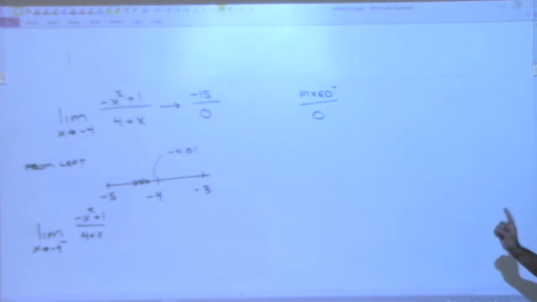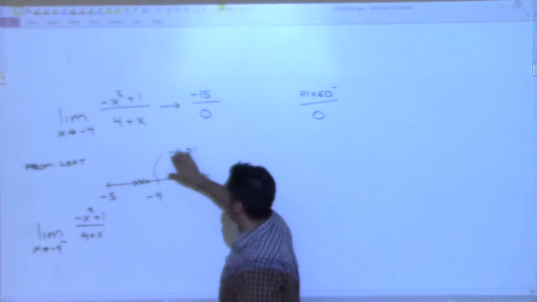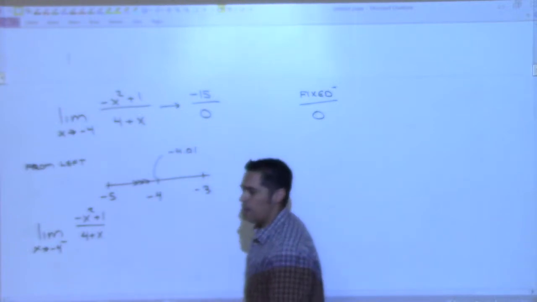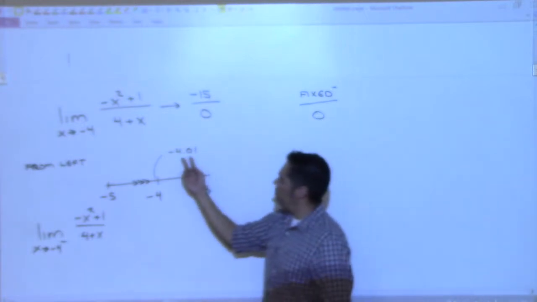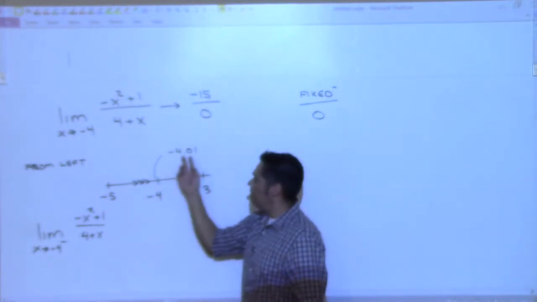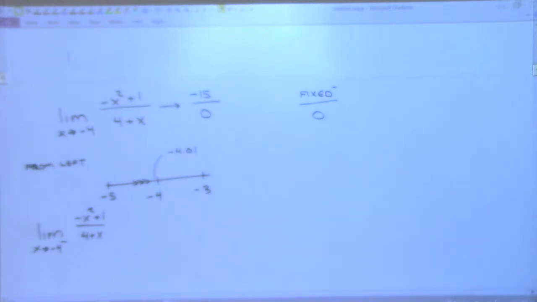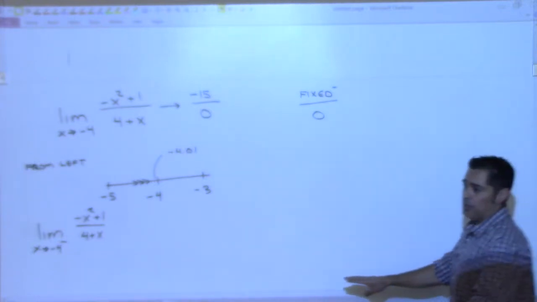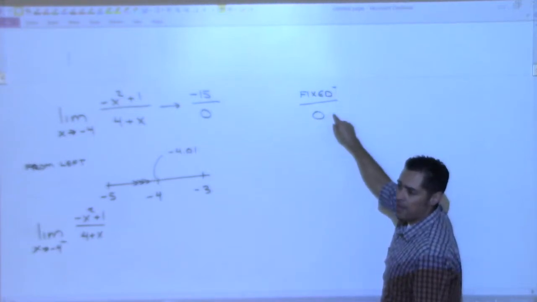Now that's going to get plugged in, right? So you're just going to do a visual inspection. That goes into here. And when you take a number to the left of this, plug it in here, you're going to get a number that's negative, right? And that's all that matters to you, because you know the top is negative. It was just a question of whether the bottom was negative or positive.